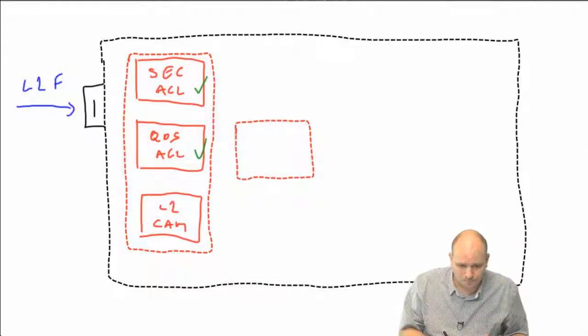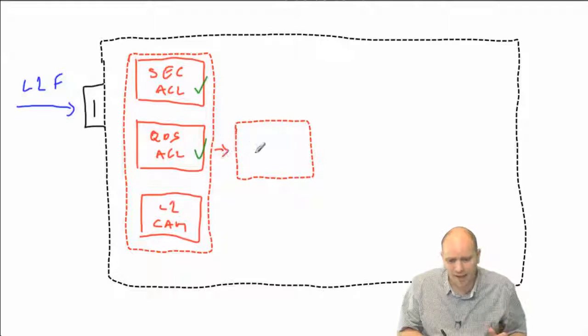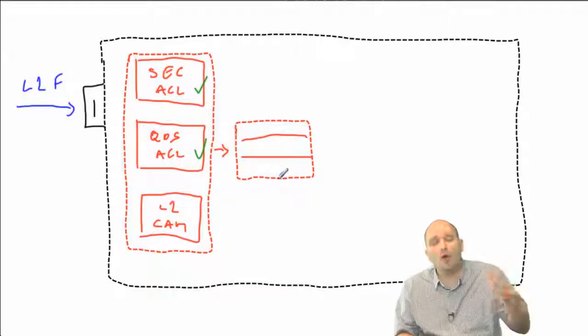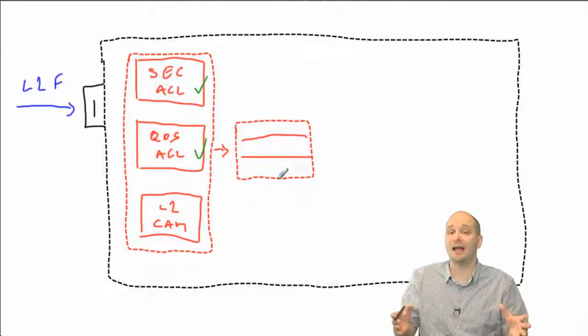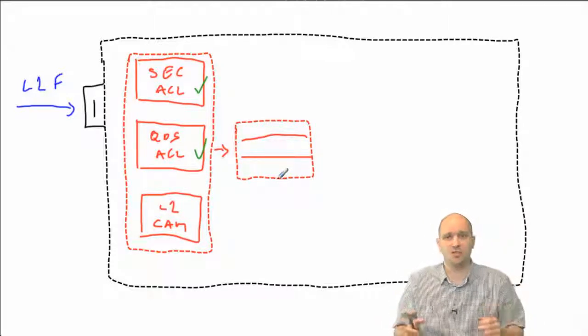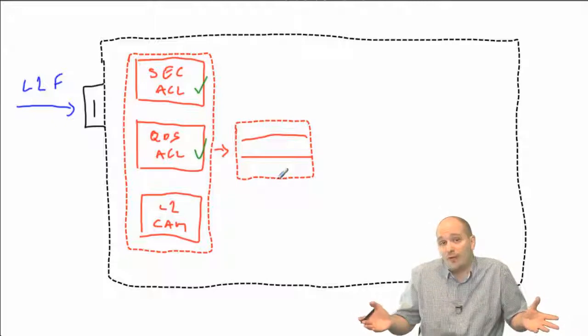Ingress queuing basically means that the frame is going to be sent into one of multiple queues. How many queues are there? Well, that's heavily platform dependent. It depends on really how much money you are paying for your switch.